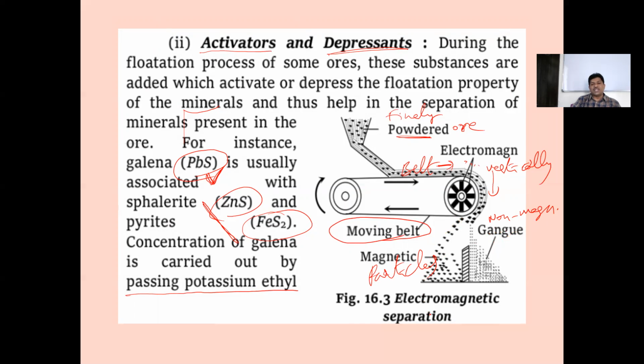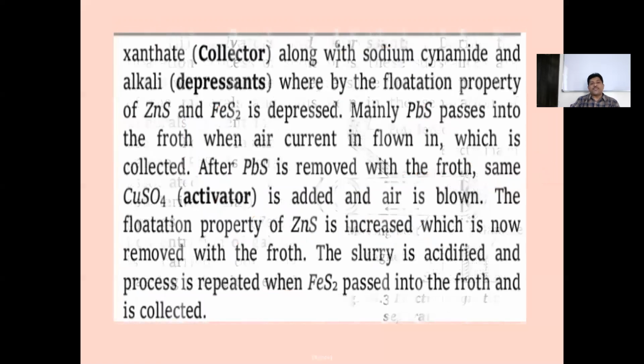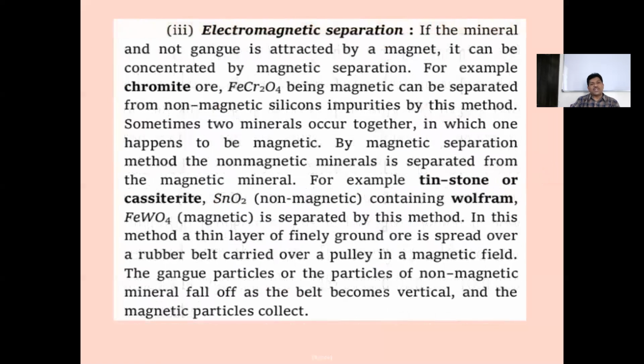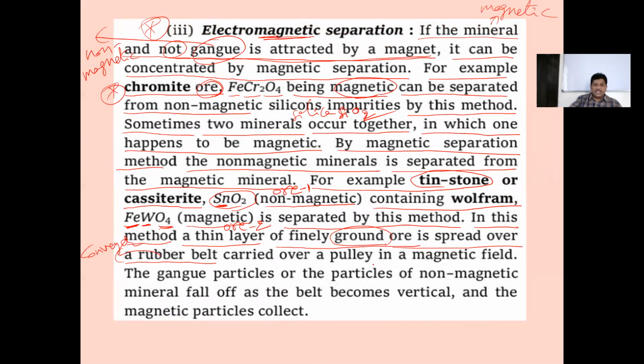This type of separation is called electromagnetic separation. Now what is given here? In this electromagnetic separation method, a thin layer of finely powdered ore is spread over a rubber belt, a moving belt, carried over a pulley in a magnetic field.